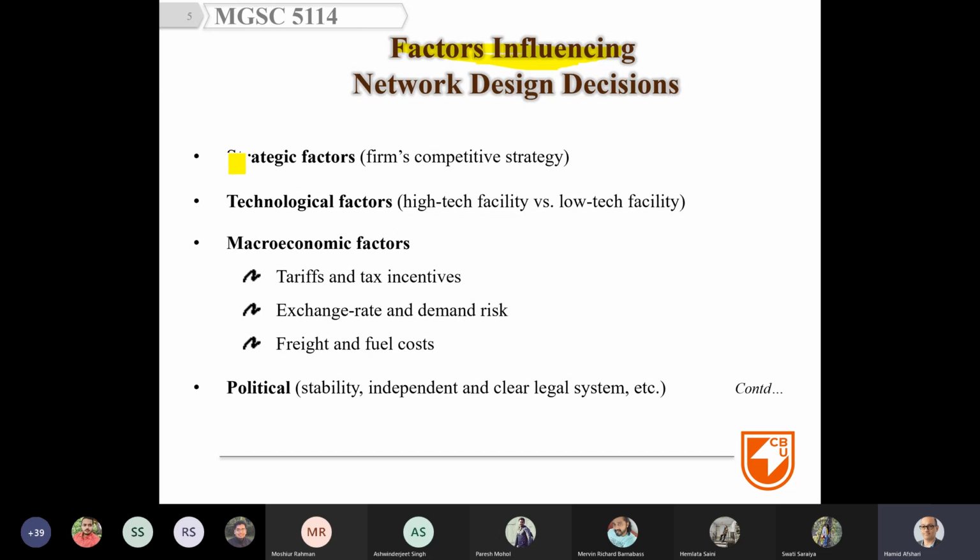Number one is strategic factors. Okay, so what are those strategic factors? A very clear sign is the firm's competitive strategy. For example, you have decided to target high income people. You have decided to target low income people.